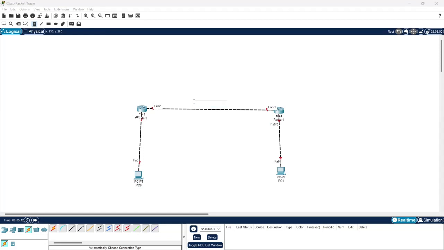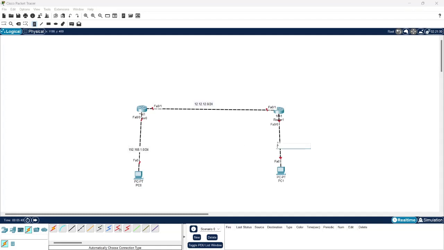From router 0 to router 1, the IP is 12.0 with the subnet mask 24. Then from PC 0 to router 0 is 192.168.1.0, the prefix is 24.